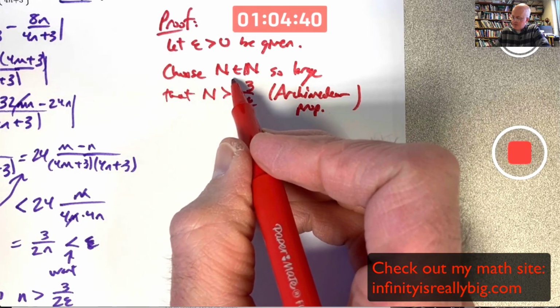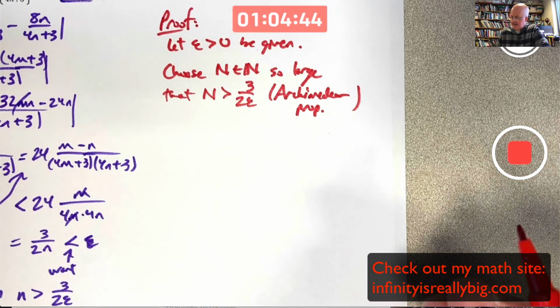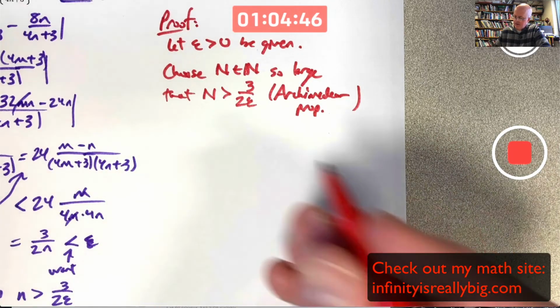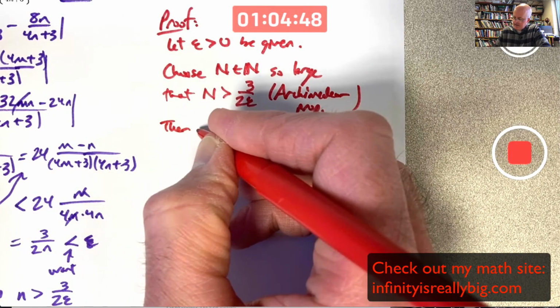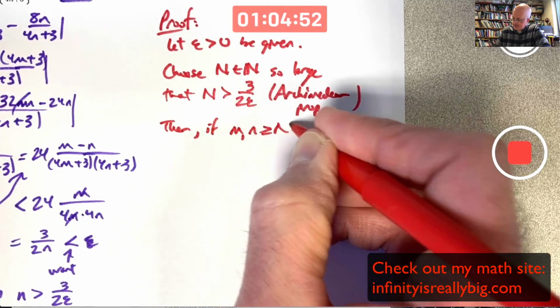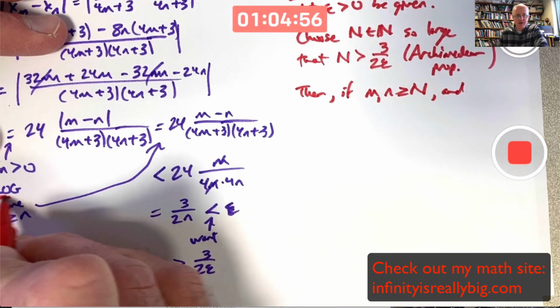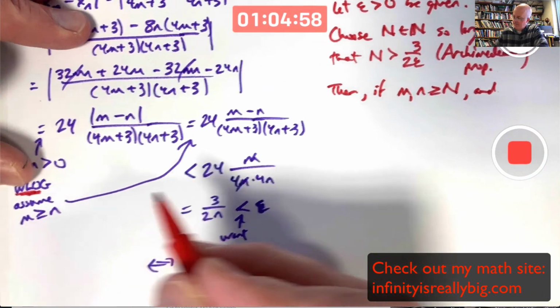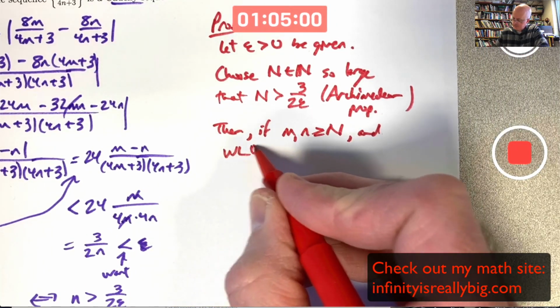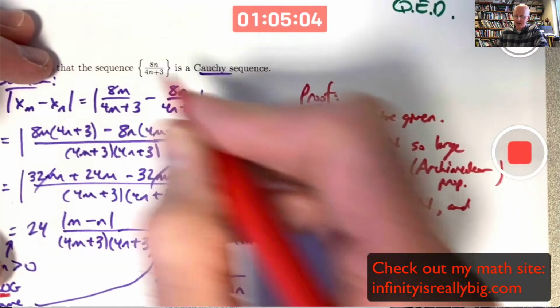You could put the symbol for the ceiling function if you like, to emphasize N as an integer. Then, if both little m and little n are greater than or equal to capital N, and go ahead and mention your without loss of generality here. Then we can say all this stuff.